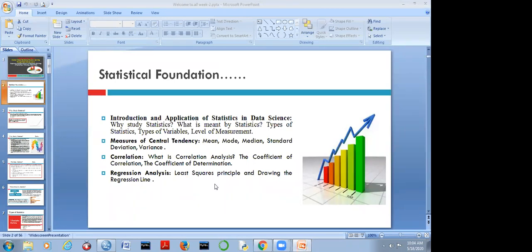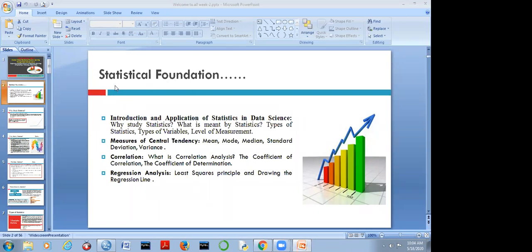If you know statistics on an average basis, that is also good. If you are good in statistics, then that is very good. If you don't know anything about statistics, then it is my request to you, please focus and understand what I am teaching in today's and tomorrow's class.